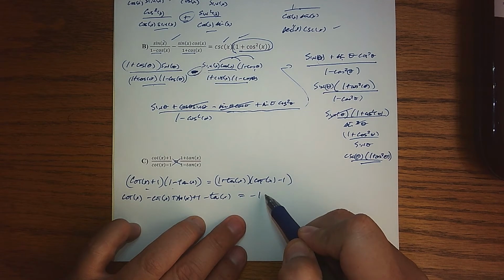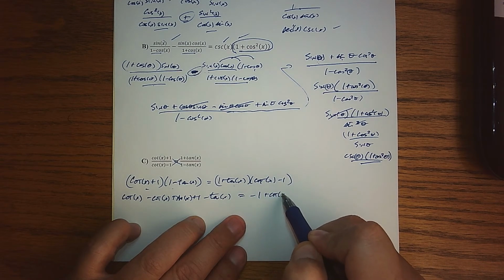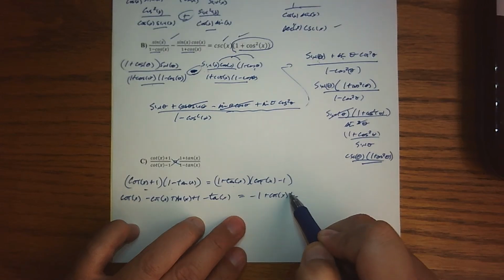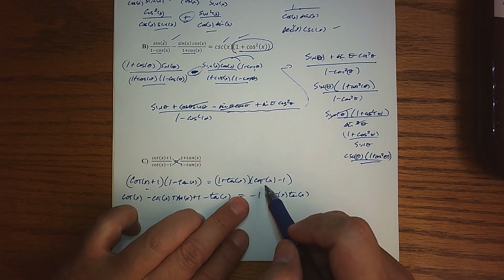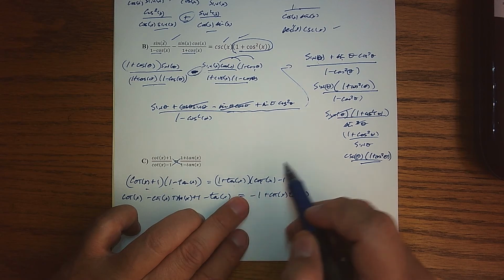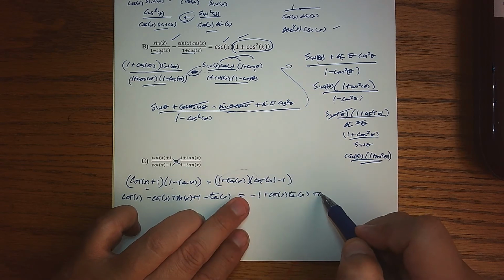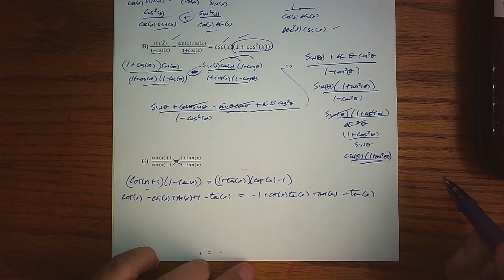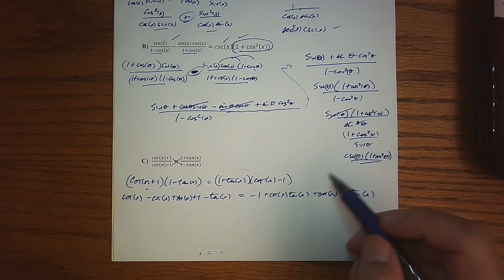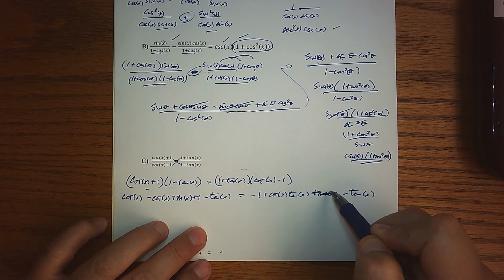And then plus cotangent of x, tangent of x. We got a cotangent of x, and then we have a tangent of x. I think that's a plus sign there. Let me write that better.